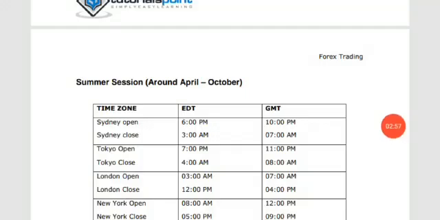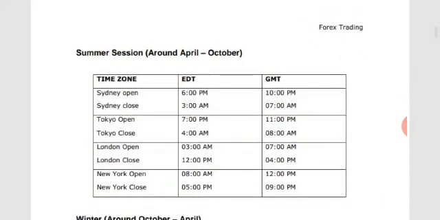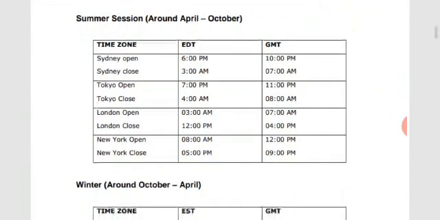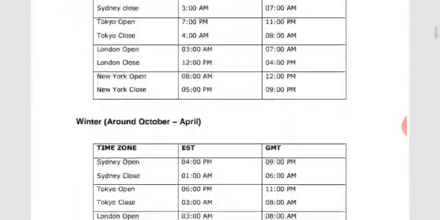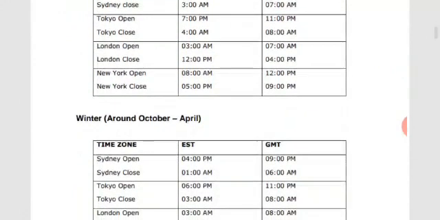Right now, whenever I want to trade on forex, we have sessions and hours. First of all, we have four types of sessions where forex can be traded: the Sydney, the Tokyo, the London, and the New York, as you can see on the screen here. These are the hours and times whereby forex is traded in these zones.